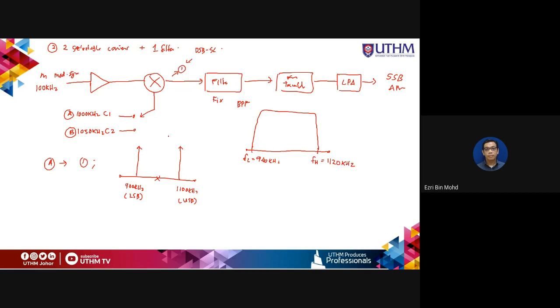So by implementing this specification of the band pass filter, which one is the resultant output of the filter? Is it the upper sideband or lower sideband? Which one? Upper sideband or lower sideband? Both? 1220. Upper sideband or lower sideband? 940, 900. Wait a moment, let me copy this. 900 or 950.